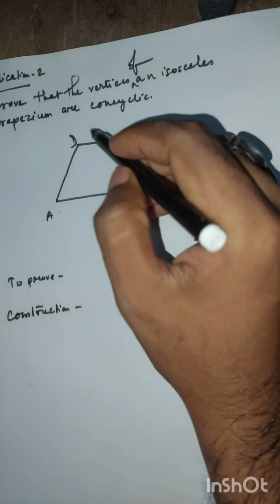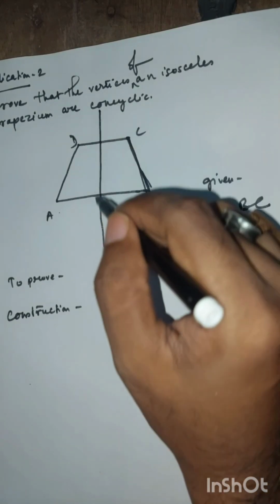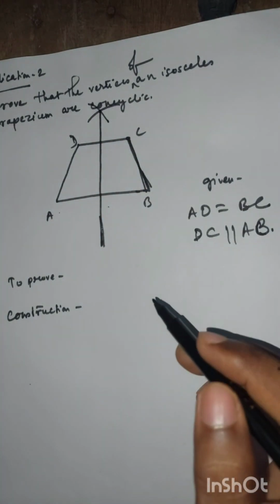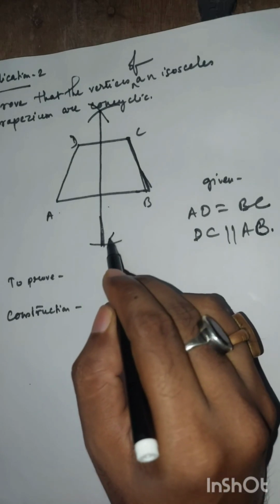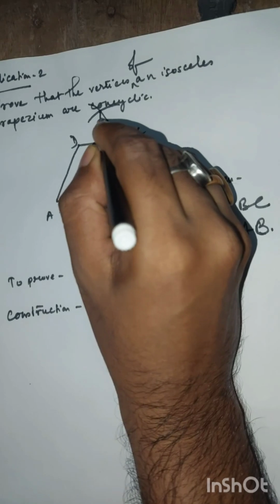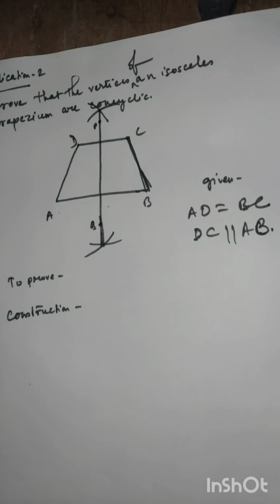Let us draw a perpendicular bisector of the side DC. This is our perpendicular bisector. Let us call it PQ. And another perpendicular bisector on the side AD.